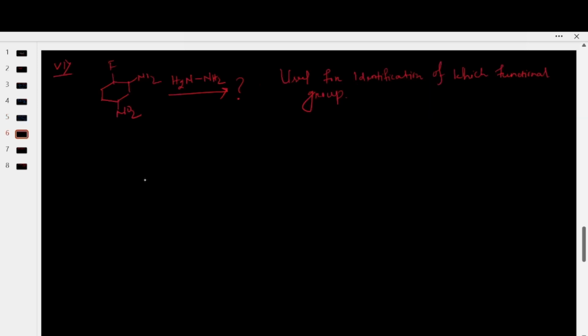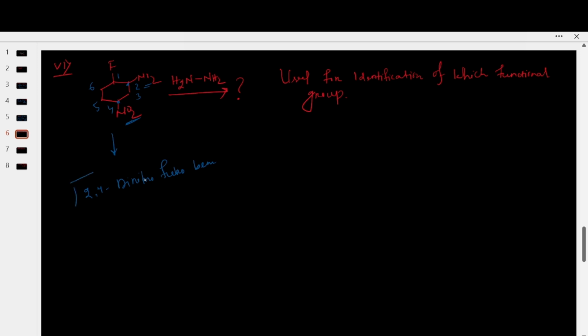So the compound name is given, that is 2,4-dinitrofluorobenzene. So it is 1, 2, 3, 4, 5, 6. Both the nitro groups are at 2 and 4 positions.